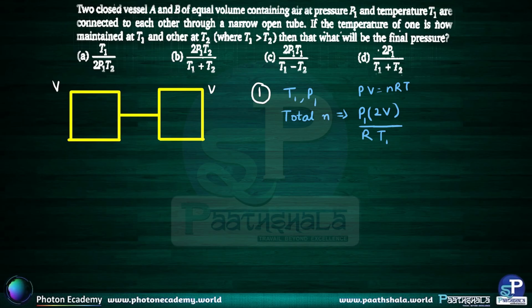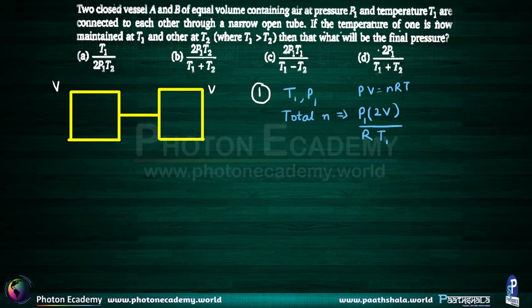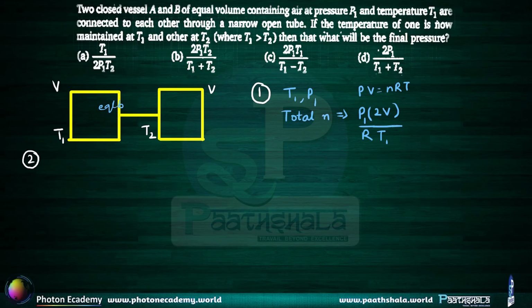Now, in case 2, when the temperature of this is maintained at T1 and this is maintained at T2, the number of moles would remain the same. And we know that since there will be an equilibrium, the pressure here will be equal to the pressure here.